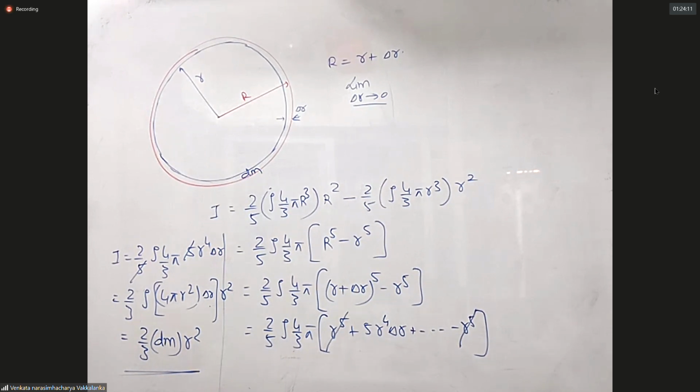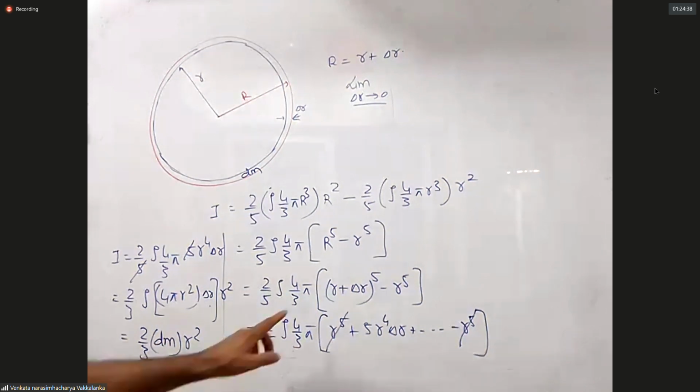Below, the binomial approximation should be r plus 5 into delta r, right? Yeah, because in binomial expansion we bring the power as the coefficient of delta r. Oh, that was written the other way round, it's fine.